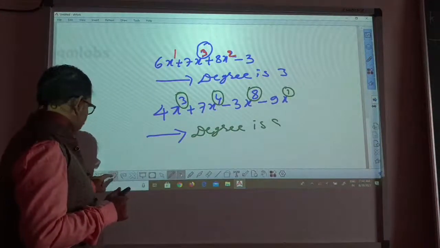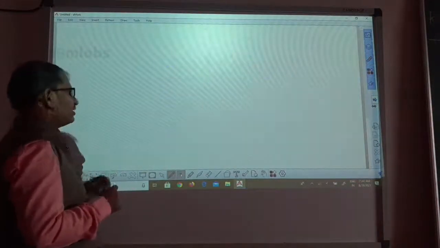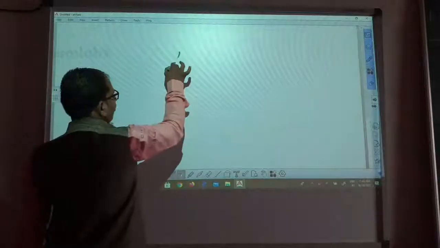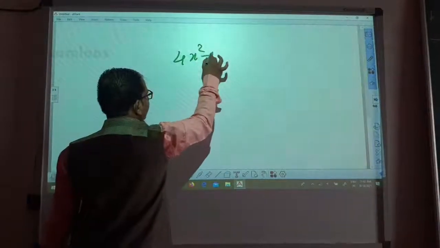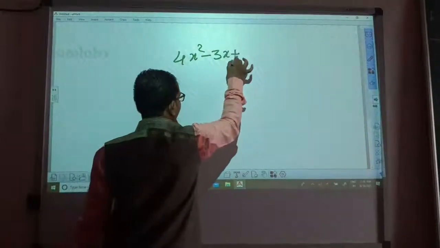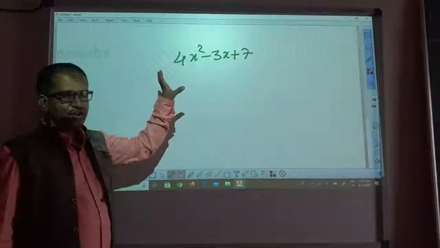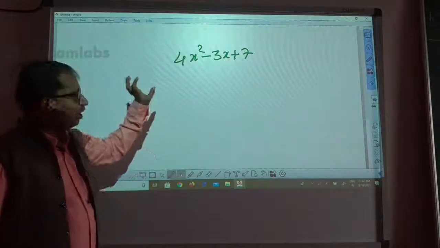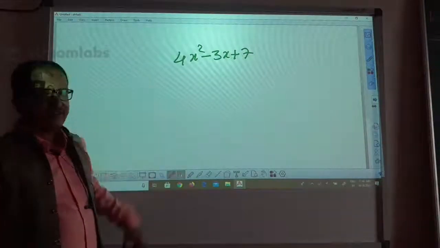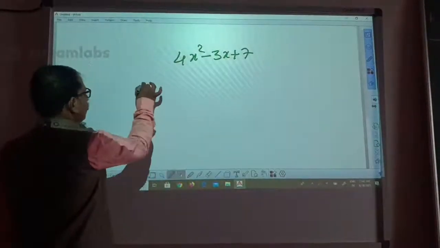Now one more point we are going to discuss here. If I write 4x square minus 3x plus 7, this is a polynomial in one variable, right? Now tell me, what is the coefficient of x square here?